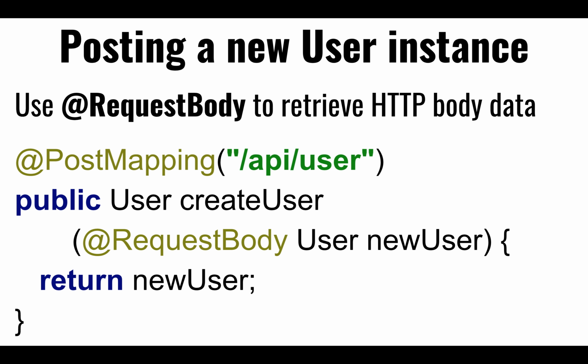So we need to be able to, just like we did earlier with path param and request param, parse out pieces of the URL. Here, we can also pass things as part of the URL, but typically most of the data will be part of the body in the HTTP, and we can retrieve it by using the decorator at request body.